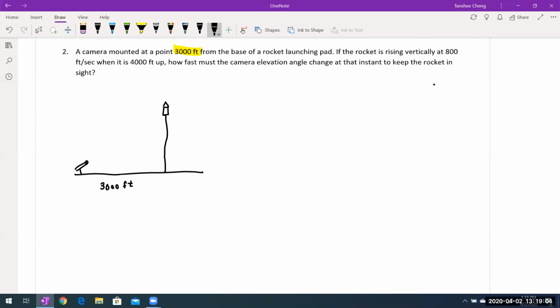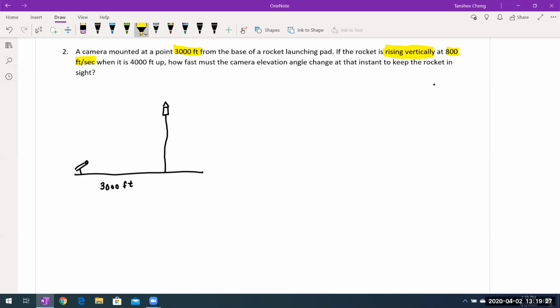Then the next piece of information given to you is that this rocket is rising vertically at 800 feet per second. You have to be careful right here, because the rocket is not going at a constant rate, okay?